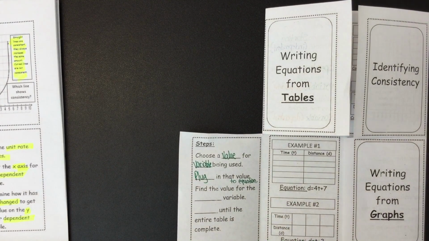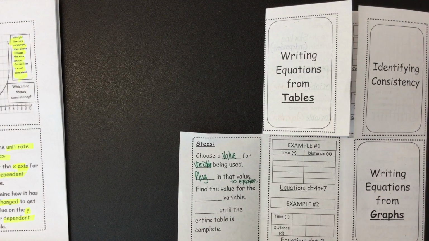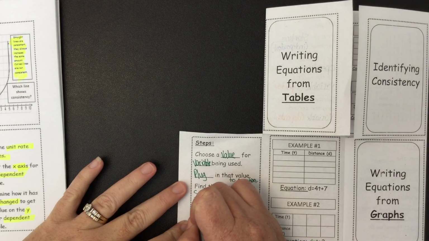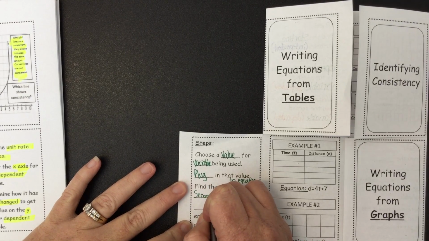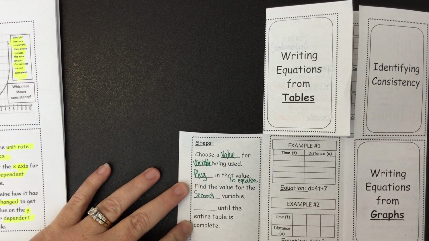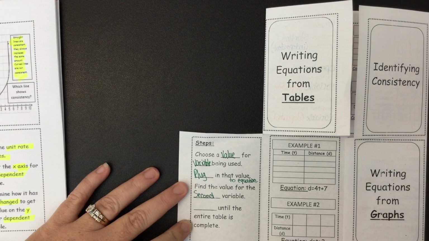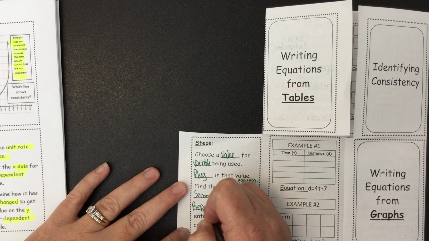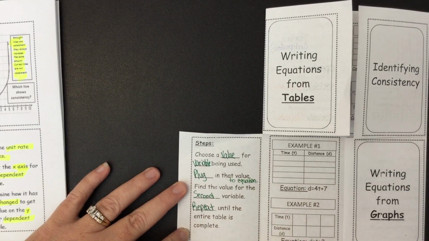That way I know where I'm plugging it in, not just that I'm going to plug it in. All right, then after I have chosen my value and plugged it in, I'm going to find the value for the second variable, whichever one they did not give me. And then I'm going to rinse and repeat.